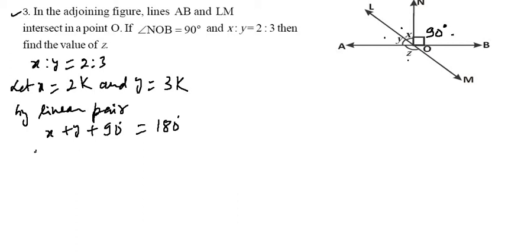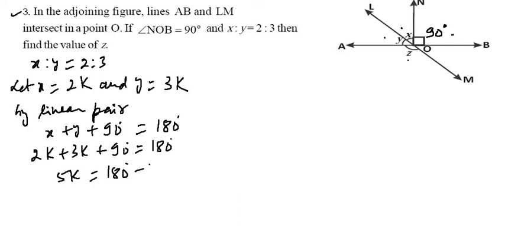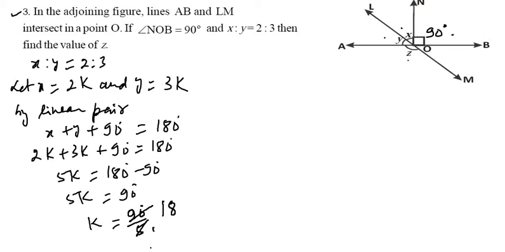Put the value of x as 2k and y as 3k, plus 90 equals 180 degrees. It is 2 and 3, that is 5k will be equal to 180 degrees minus 90. So 5k will be equal to 90 degrees. So k will be equal to 90 degrees divided by 5. So k will be equal to 18 degrees.